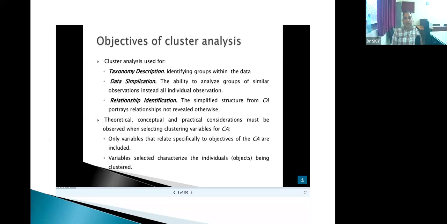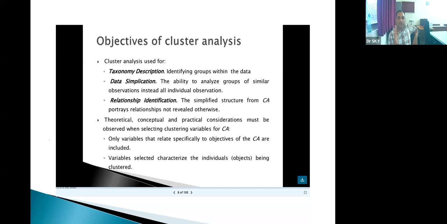Now, what is the objective of cluster analysis? The main objective is to group the observations, to group the objects basically. So cluster analysis is used for taxonomy description, data simplification, and relationship identification. What is the relationship between the two? So these are some objectives of cluster analysis. Theoretical, conceptual, and practical considerations must be observed when selecting clustering variables for cluster analysis, because that is why it is said that it is atheoretical.